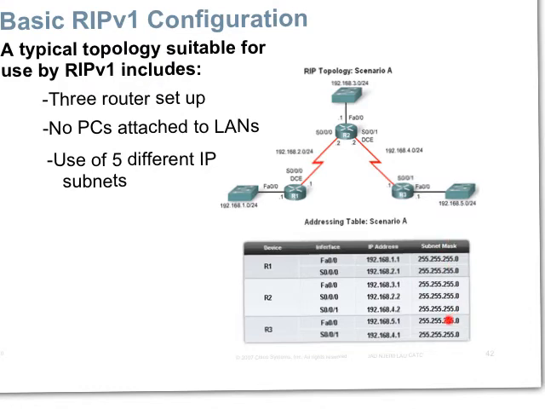Using the subnet mask as part of the routing table is a must. But this subnet mask will have to be deduced, interpreted somehow. So RIP will get this easily, right? Because it knows that this is class C, so it will put in the routing table the class C subnet mask, which is a /24 or 255.255.255.0. And because all of them are class C, the subnet mask is the same for all of them.